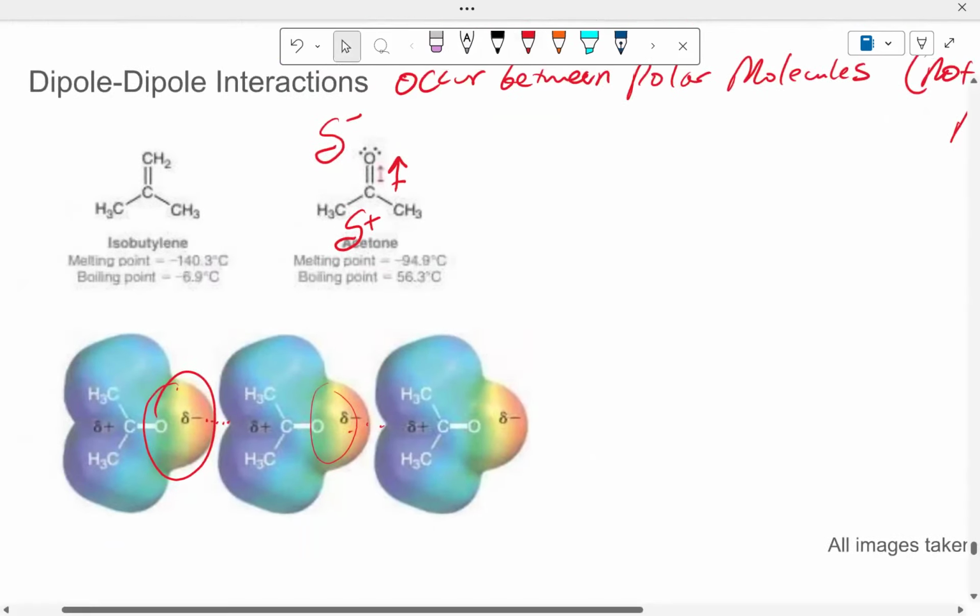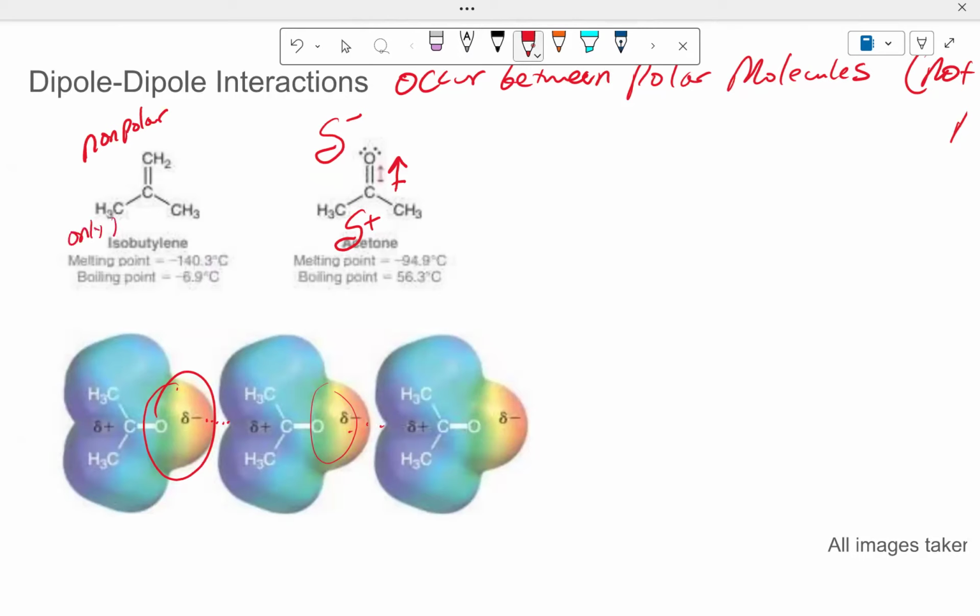Now, if we compare that to isobutylene here, isobutylene is nonpolar. It does not have any dipole moments. There's no negative end, there's no positive end. So this compound only has London dispersion forces.